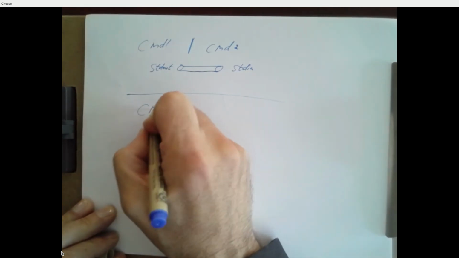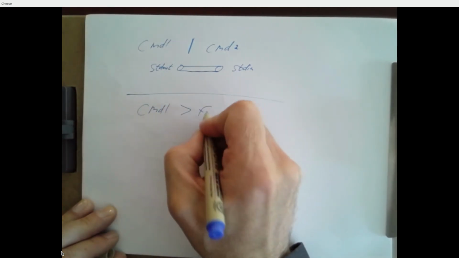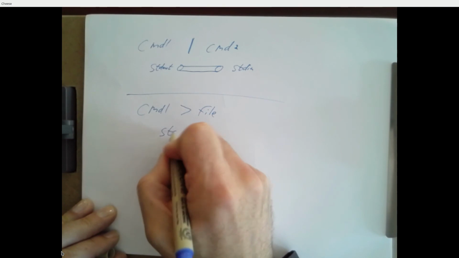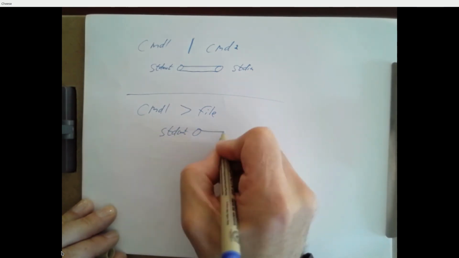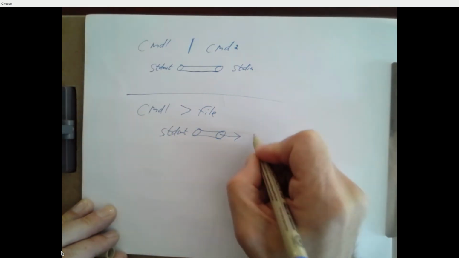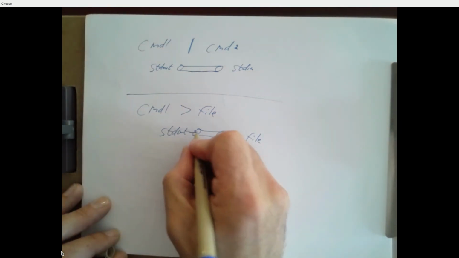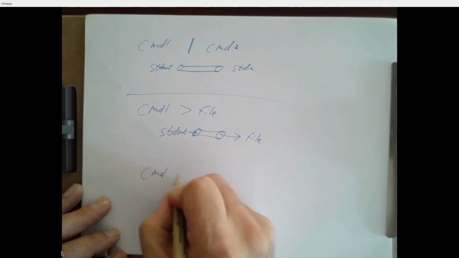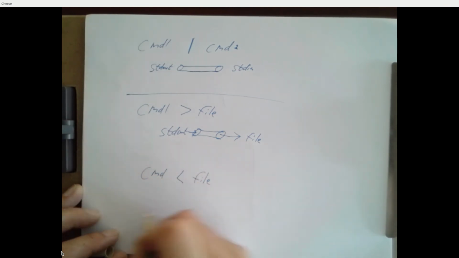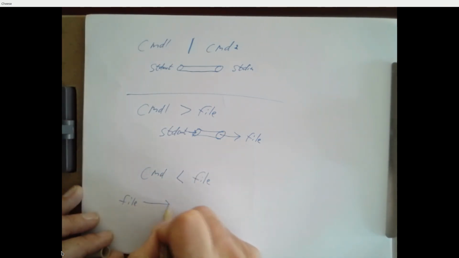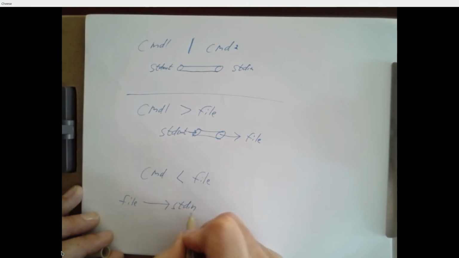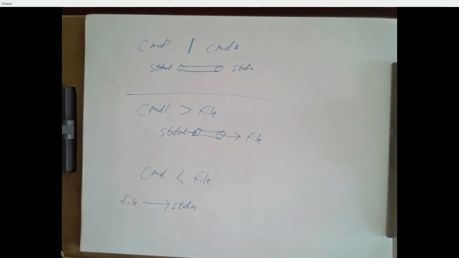If you use a greater than sign, basically says take standard out, but in some sense write that into a file. And if you say command less than file, basically says take this file and send that to standard in.